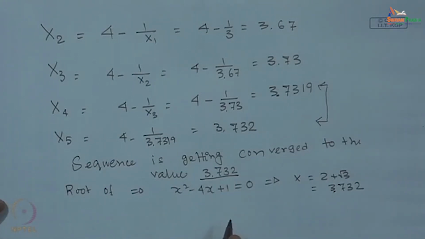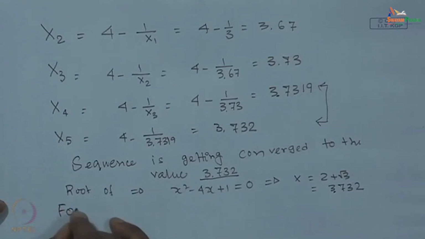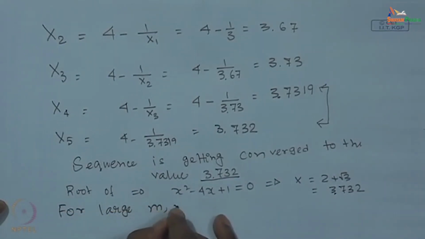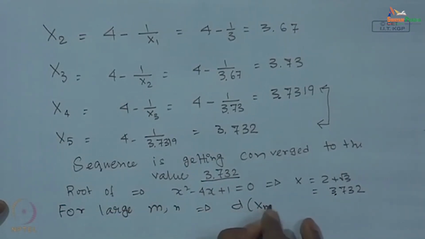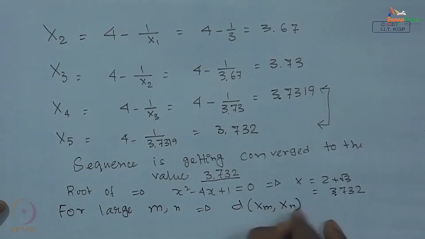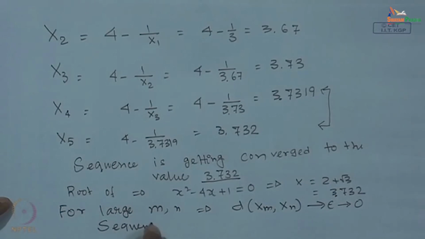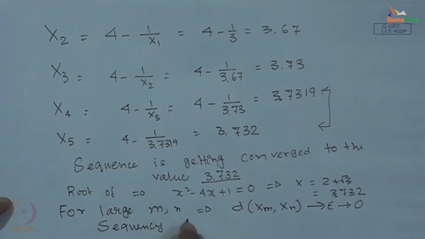Therefore, this sequence is a converging sequence. For large values of m and n, the metric between xm and xn tends to epsilon, that is a very small number, that means they tend to 0. So, therefore, the sequence we are talking about is a Cauchy sequence.